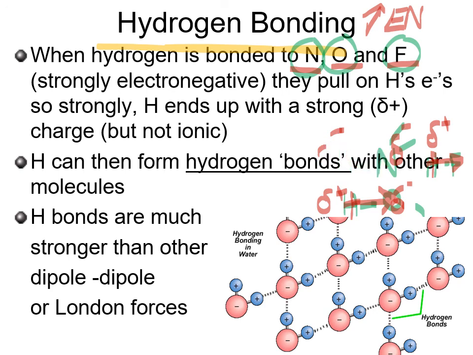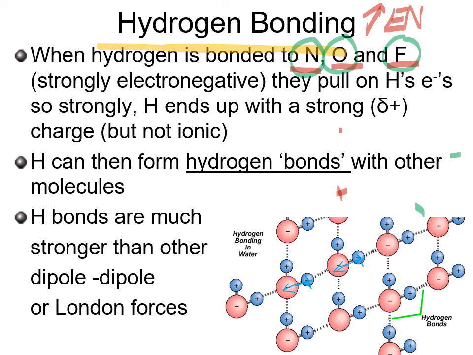So let's clean this up a bit. In each case here, this is water. The hydrogen is having its electrons pulled away from it by the oxygen, and the hydrogen bonding is not within the molecule. So don't confuse the bonding within the molecule with the hydrogen bond. It is what happens between one molecule and another.